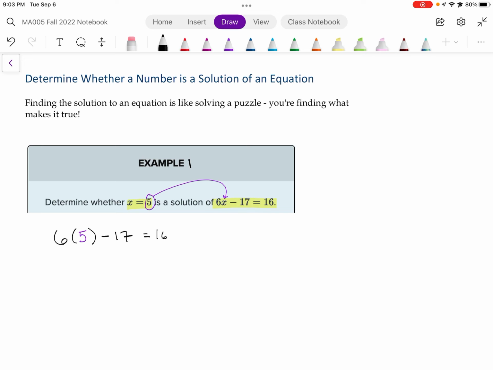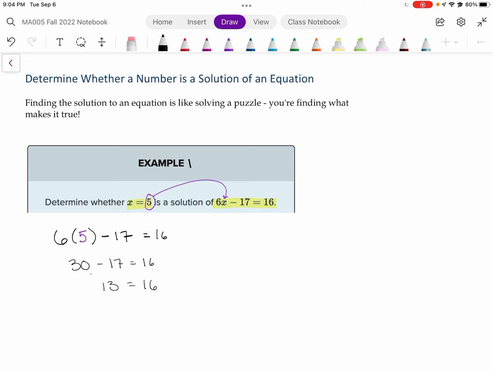So I talked about this before. Use parentheses every time you plug in something for another thing. It helps it to stand out. It also keeps you from making little mistakes. Okay, so 6 times 5 is 30, minus 17 is 16. So 30 minus 17 is 13, equals 16.